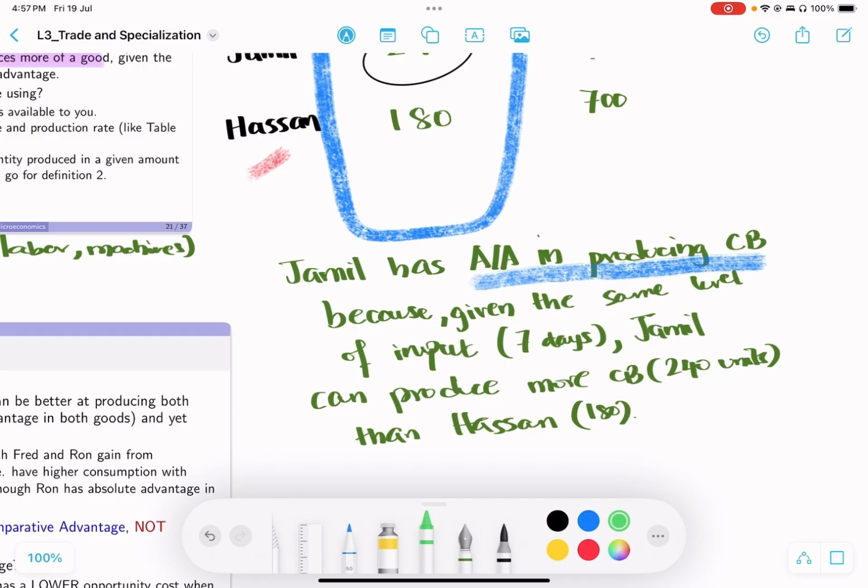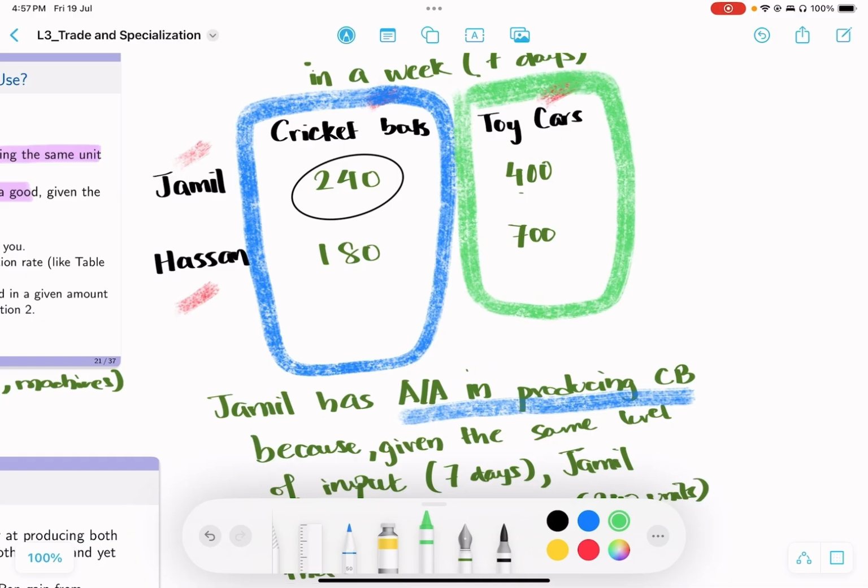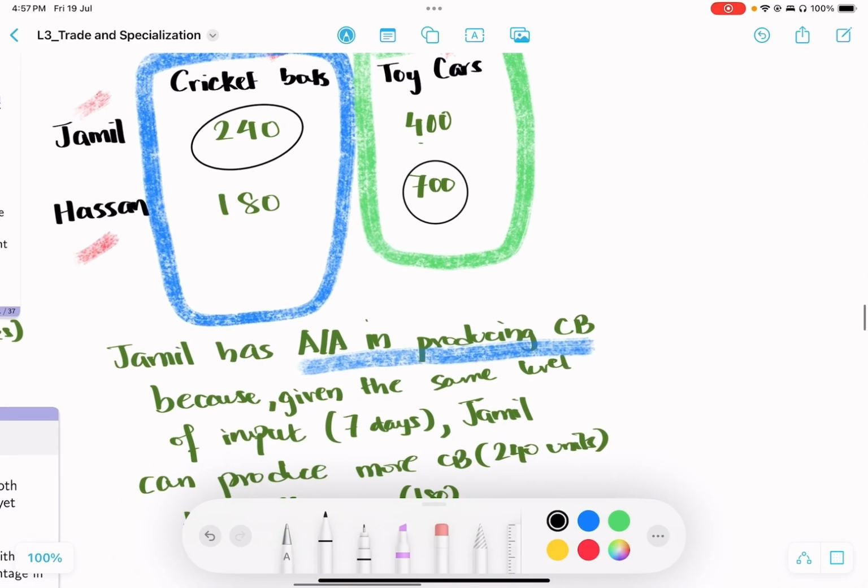Now let's focus on toy cars. The question now we're asking is who actually has absolute advantage when it comes to producing toy cars? Well, in this case, which one is a bigger number? 700. So we can see that Hassan actually has the absolute advantage when it comes to producing toy cars.